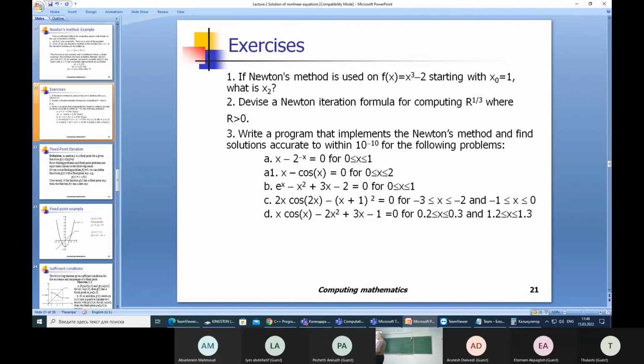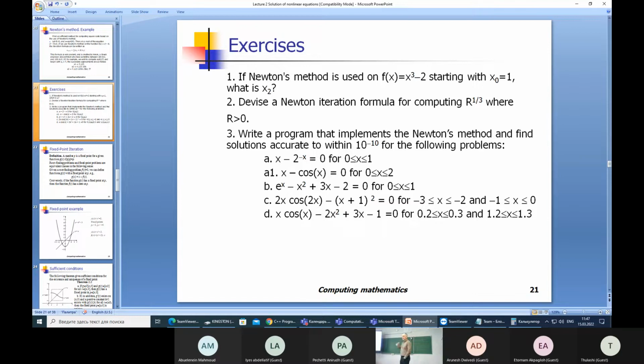Let's consider another formula for cubic root: f of x equals x power 3 minus 2.